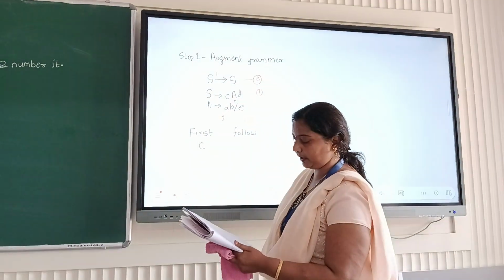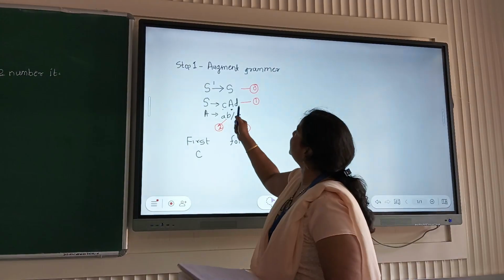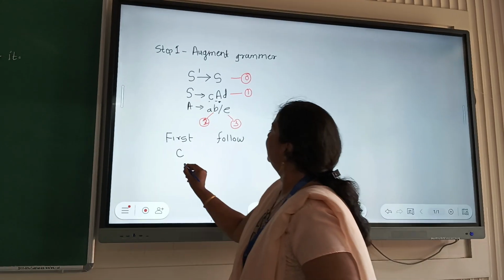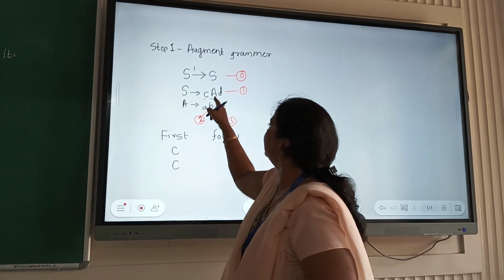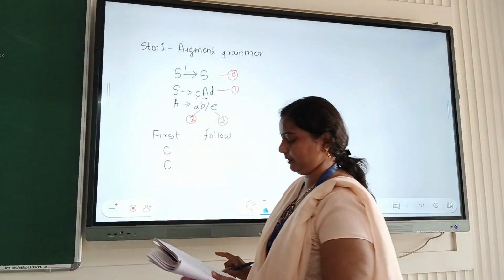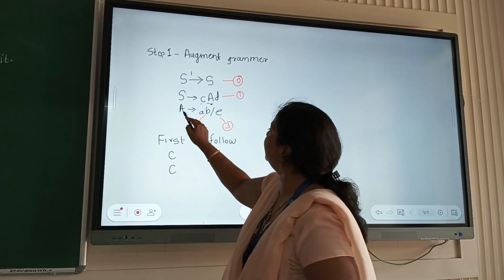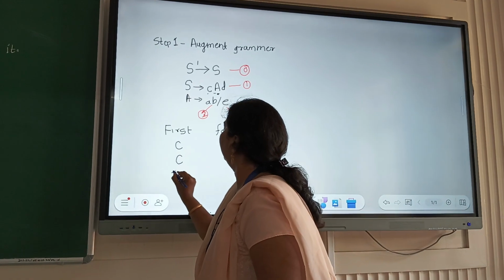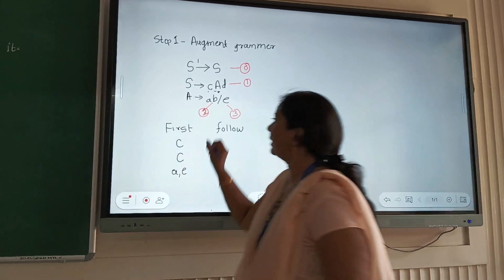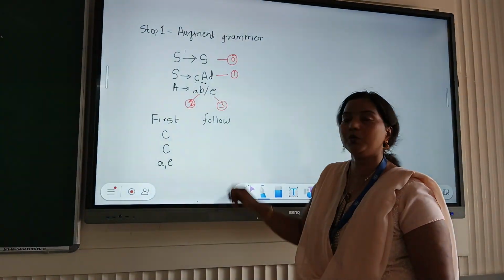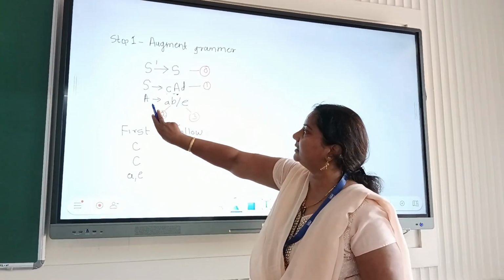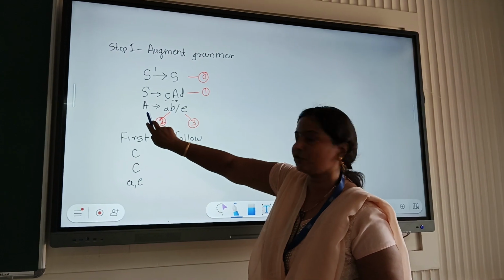Then second one, in the second position also A implies, so first is C itself. And third one, A implies epsilon. Remember, whenever you calculate the first, you require to go from the bottom to up. Then check here, what is the first node?